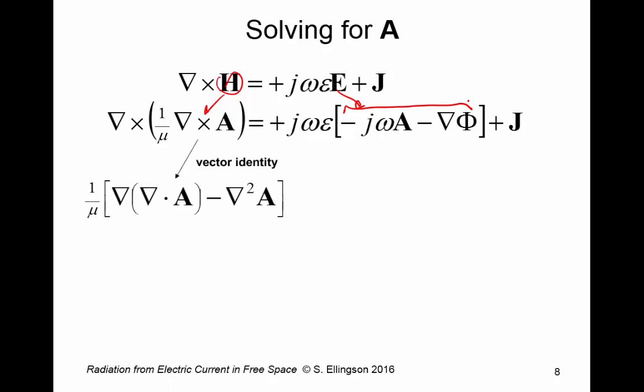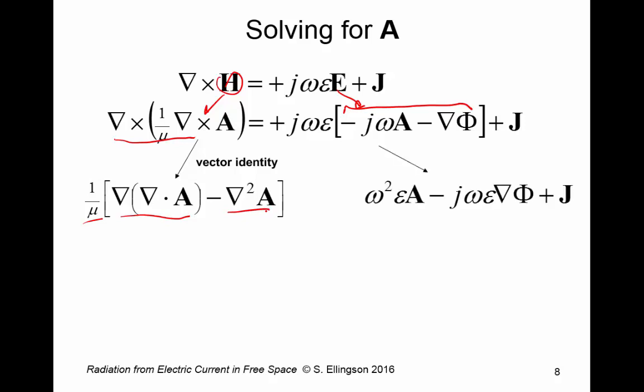On the left, we have the curl of a curl of a vector, and that's a well-known vector identity, and it's useful to invoke that at this point. Using this vector identity, we can replace the entire quantity on the left side of the equal sign with this, 1 over mu, the gradient of the divergence of A minus the Laplacian of A. So that's what we have on the left.